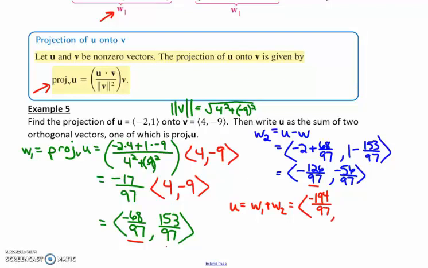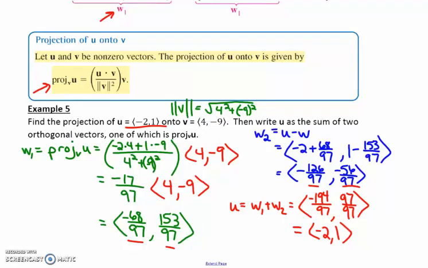Then I'm going to take this number and add it to this number, and I get 97 over 97, which when you simplify those fractions, you get negative 2, 1, which makes sense because it's the same as the original problem.